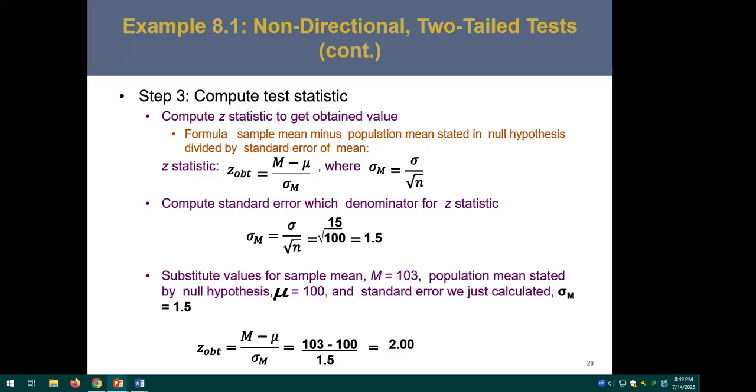Z obtained value against your Z statistic that you looked up. So you plug in the sample minus population mean, divided by standard error, and you get your Z obtained value. If your Z obtained value is greater than what you looked up, you reject the null hypothesis. If it's less, you retain it.